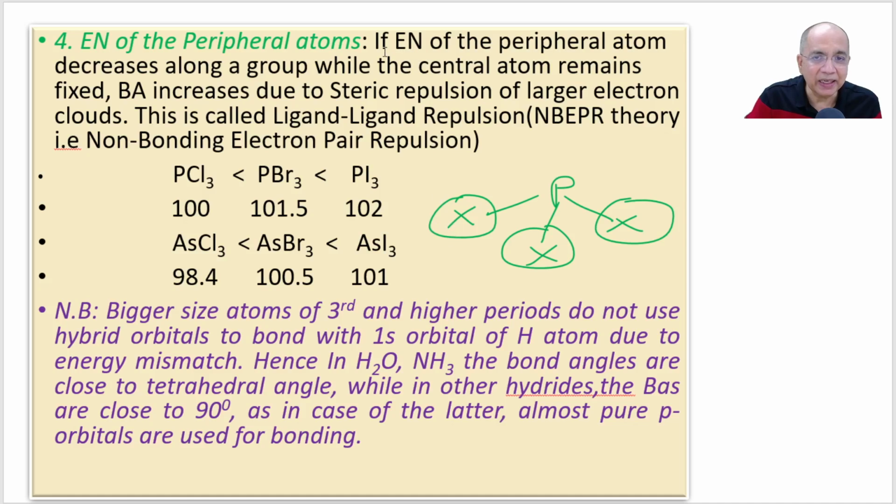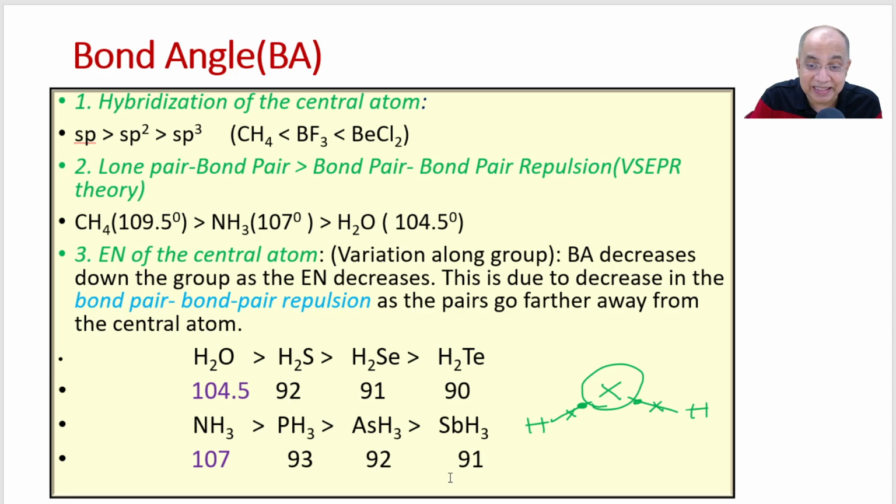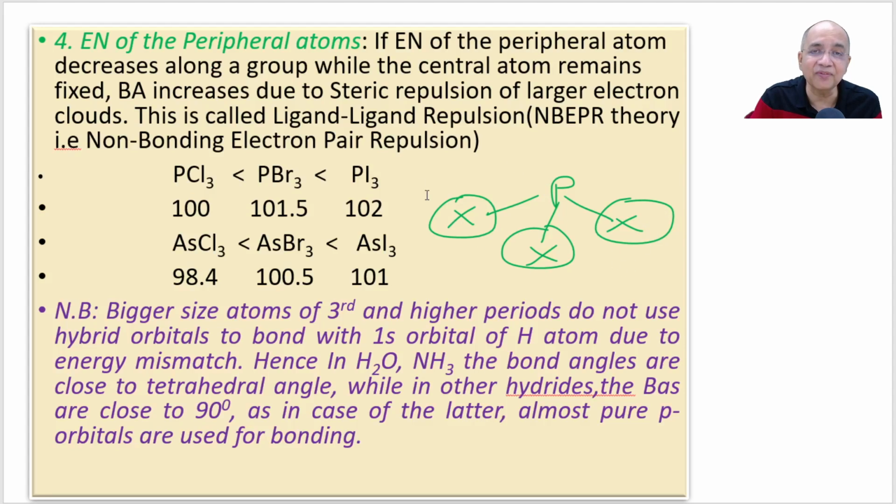As the electronegativity of the peripheral atom decreases down the group, and conversely the size increases, the bond angle also increases. There it was decreasing bond angle because the central atom was varying, but here the peripheral atoms are varying. The central atom is also big, it's a third period element, and the peripheral atoms are also big and changing. So a different theory comes into the picture that makes the bond angle greater than 90 degrees.